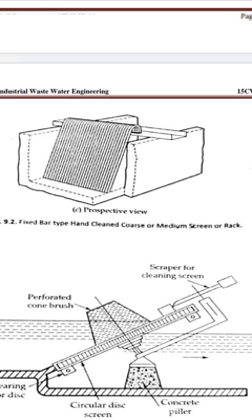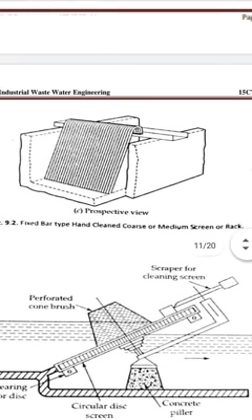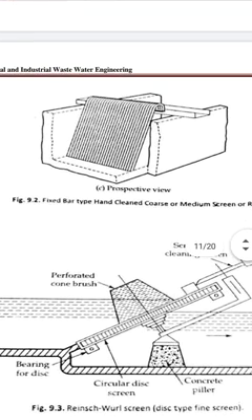Whatever I'm showing, the circular disc at the bottom, this circular disc screen keeps on circulating. So whatever is there will be screened off, and it will start to settle at the bottom.